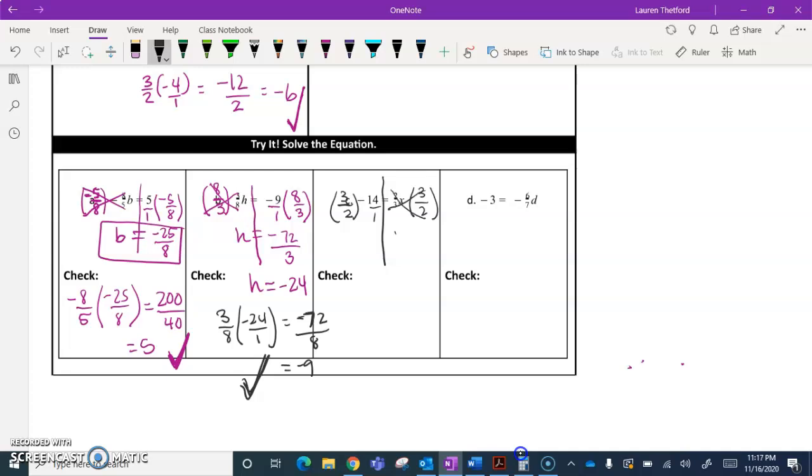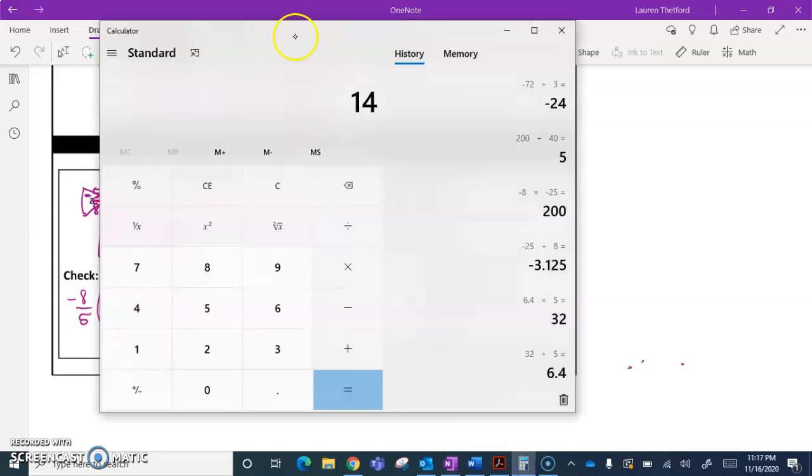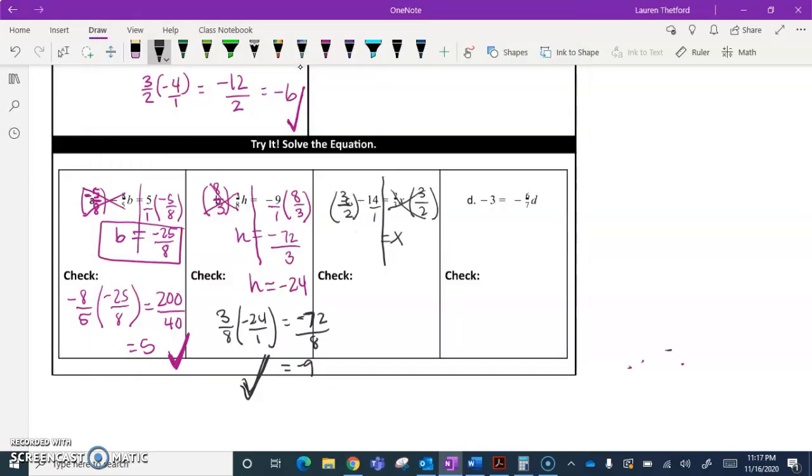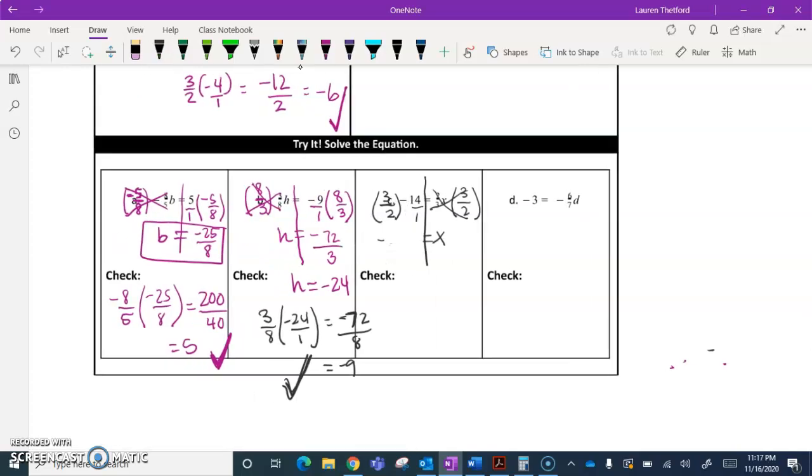These cancel on this side, and I have x equals, and then negative 14 times 3 gives me negative 42. 2 times 1 is 2. Negative 42 divided by 2 is negative 21, so x equals negative 21.